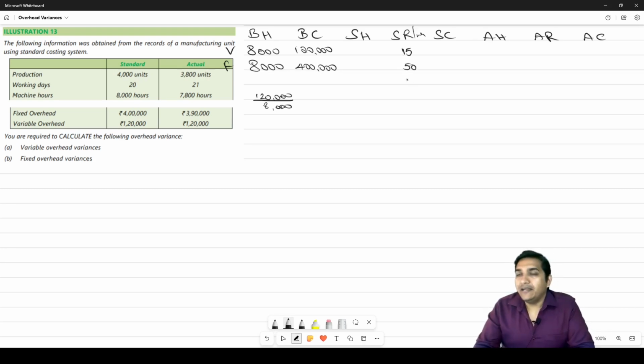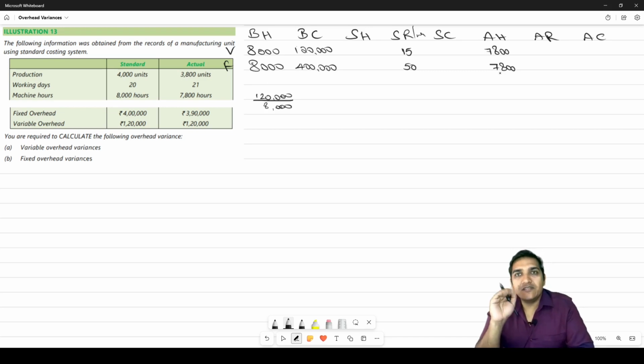Now standard cost, we do not have the information in the question, neither can we calculate right now, so we will skip. Actual hours. Now the question straight away gives us the actual hours, which is 7800. So we will just take 7800. Now actual rate, does the question talk about actual rate? It is not talking about actual rate, so we will skip this for now.